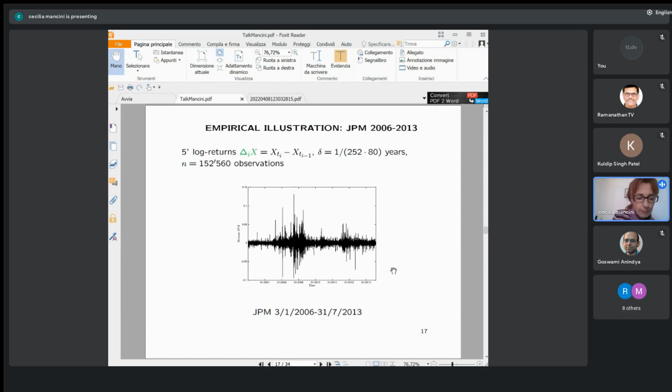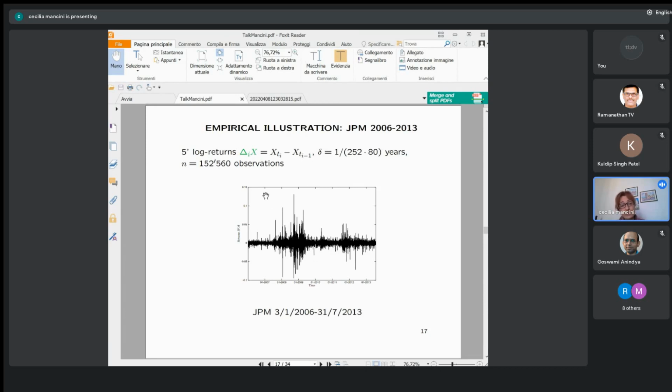So how can we apply this type of results? We considered JP Morgan prices from 2006 to 2013. We have 5-minute log returns, increments of log prices. We have 152,000 observations, a little bit more.